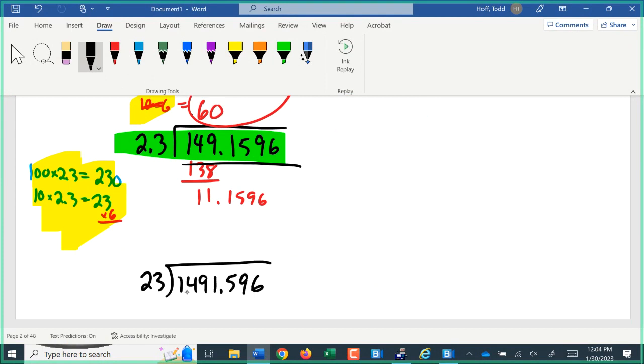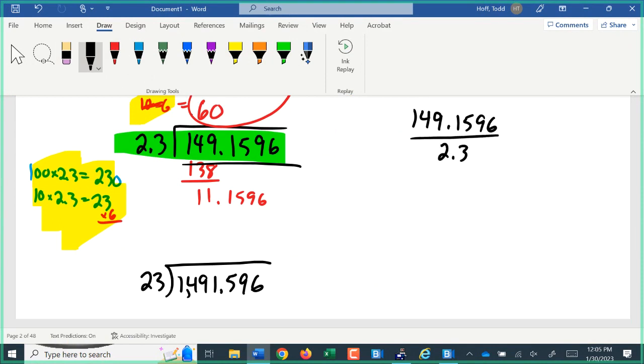And then, of course, by changing that to 23, this has to be changed to 1,481.596. Why were we able to do that? Well, because we've mentioned a couple of times that there's a link between fractions and division. We can switch very quickly, very conveniently between a fraction and division, or division and a fraction. So we can think of this as a fraction, 149.1596 over 2.3.